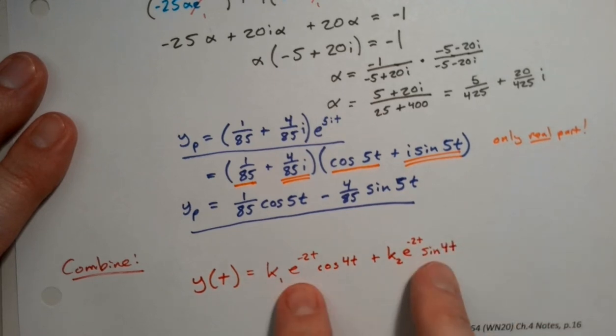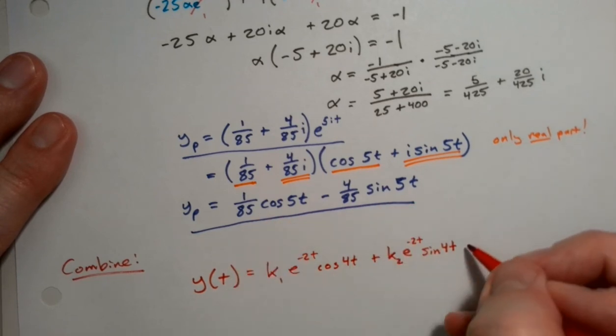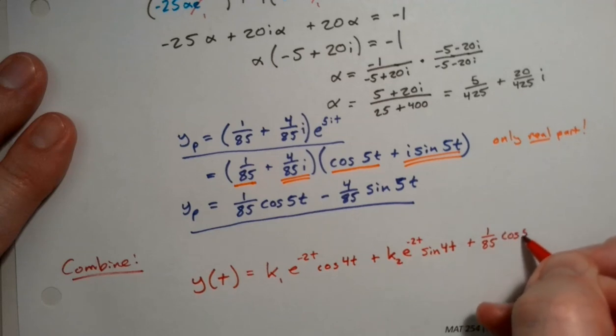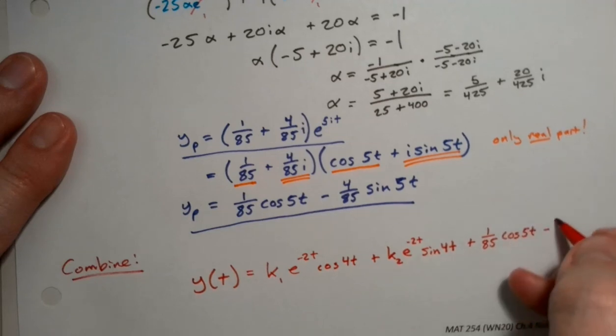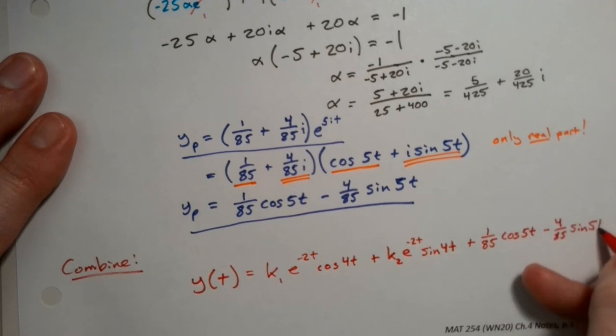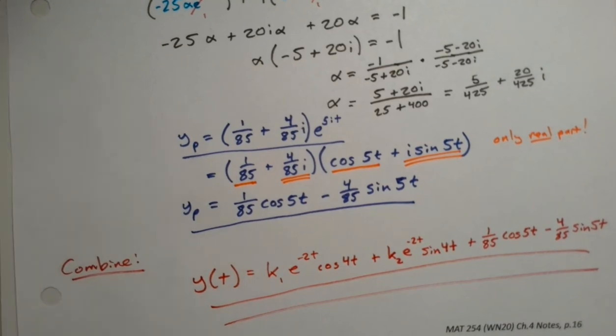That's my homogeneous part of the solution. And then my particular part's coming from these two terms here, plus 1 over 85 cosine 5t minus 4 over 85 sine of 5t. And that is the solution.